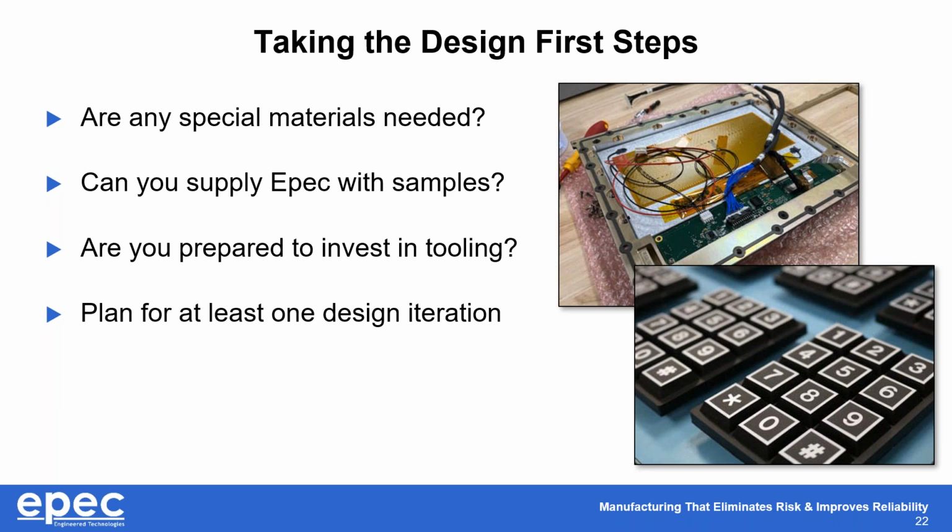But the fact is, we can have all the information available, and it may not be actually what you want. So we always suggest to plan for at least one design iteration. That way, we can tool up, build, get you your parts, and you can try them out. You can test them, you can do fit checks, and then from there, we can make any fine tune or any last minute adjustments we need for the project to be successful.